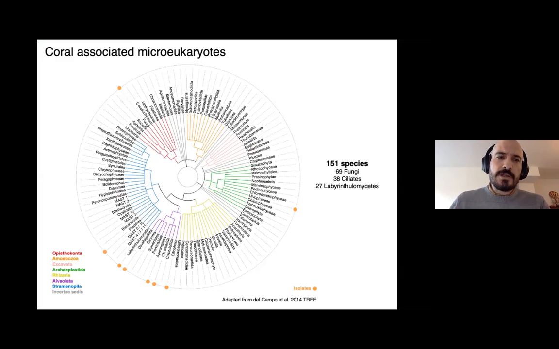So based on the techniques that we have been using so far to study coral microeukaryotes, we can identify representatives of the eukaryotic groups highlighted in orange here, most of them being fungi, ciliates, and Labyrinthulomycetes.